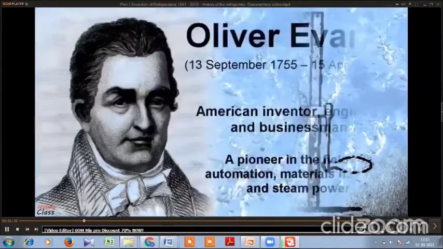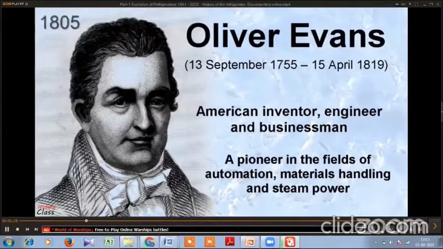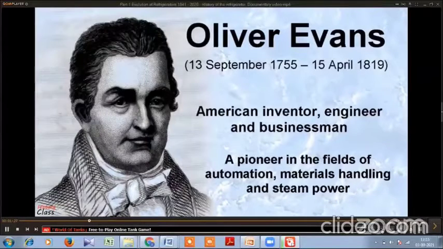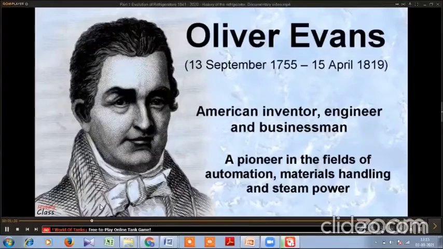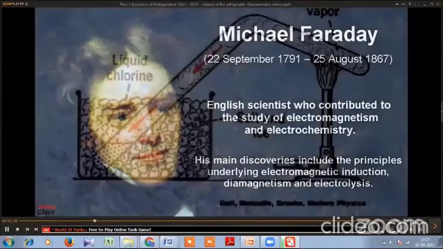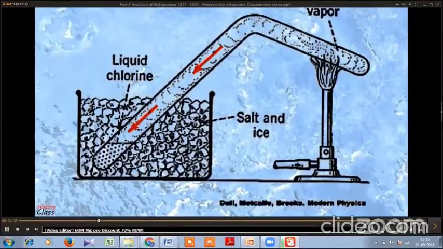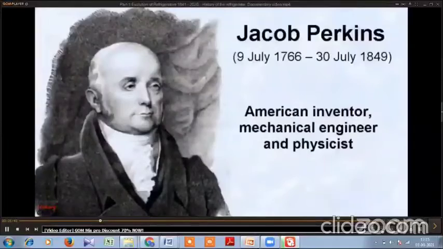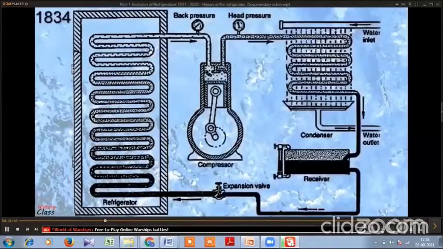The American inventor Oliver Evans described in 1805 a closed vapor compression refrigeration cycle for the production of ice by ether under vacuum. The British scientist Michael Faraday liquefied ammonia and other gases by using high pressures and low temperatures. In 1834, an American expatriate in Great Britain, Jacob Perkins, built the first working vapor compression refrigeration system.